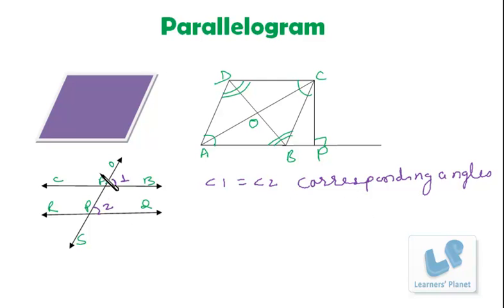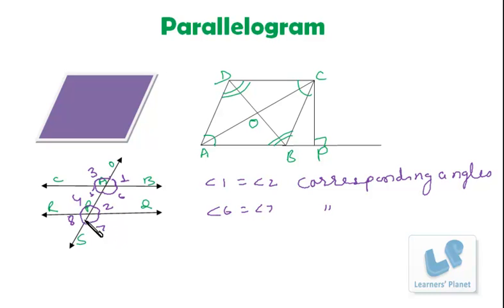These are corresponding angles. Similarly, suppose this is angle 3, this is angle 4, this is angle 5, this is angle 6, this is angle 7, this is angle 8. Okay, so angle 1 is equal to angle 2. Similarly, angle 6 is equal to angle 7. Further, both of these angles are on the same side of the parallel lines, so they will also be corresponding angles.